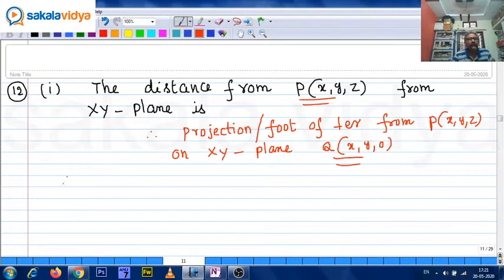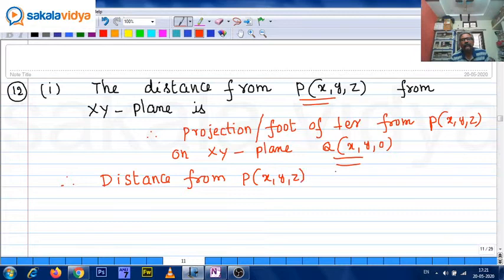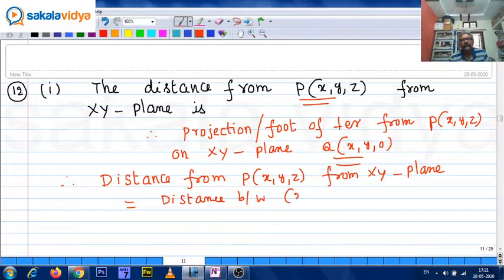So therefore, the distance from P(x, y, z) from the xy plane is equal to the distance between (x, y, z) and (x, y, 0).